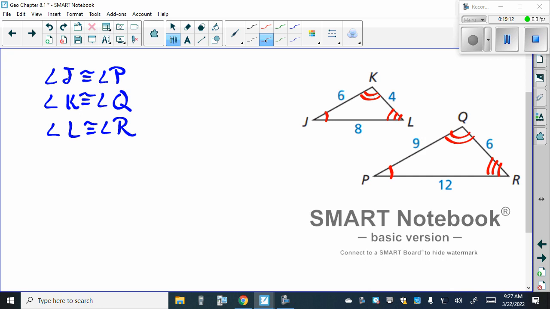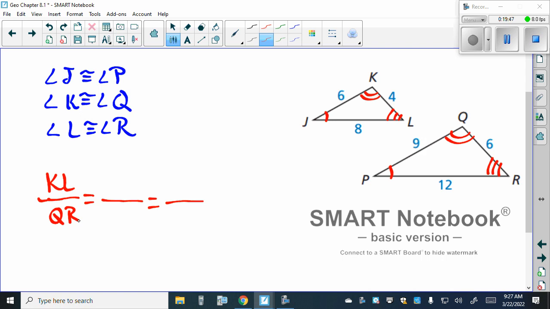We can go on and look at our proportional statement of sides for the side lengths. So what's one of our side lengths for our letters? KL. Can match up to QR, yes. Because we could use the angles to see how they match up, but also KL is the smallest side, and the smallest side in the other triangle is QR.